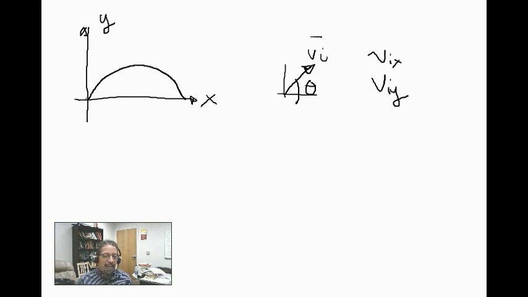After you know the initial velocity in x and the initial velocity in y, you do not need to remember more of y to know x or more of x to know y. You can proceed independently. So in the x direction, there's no acceleration, so Vx is constant.